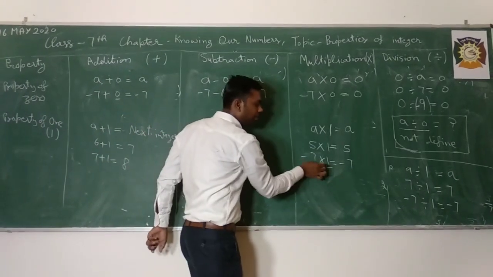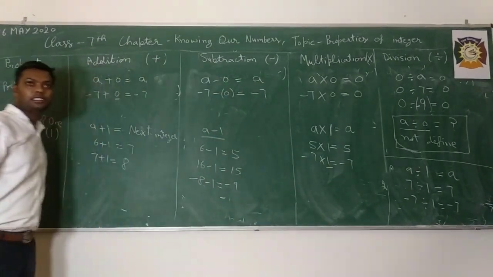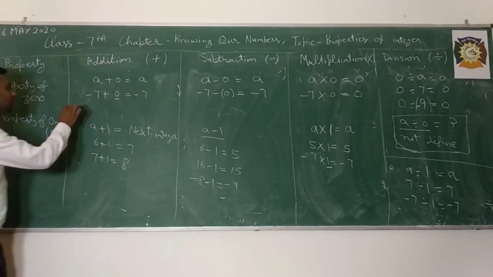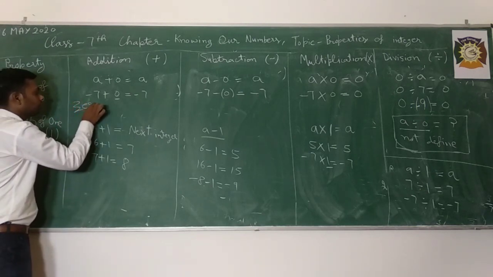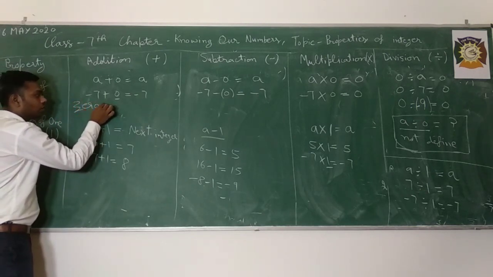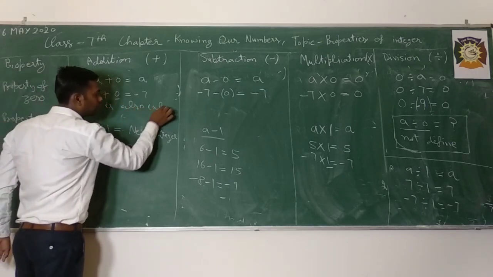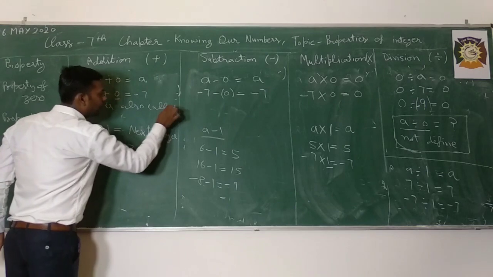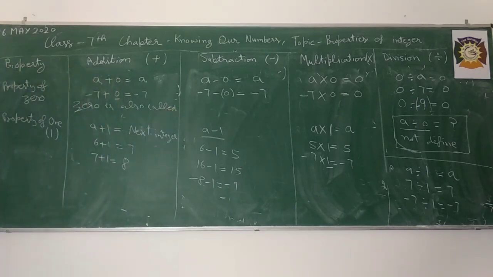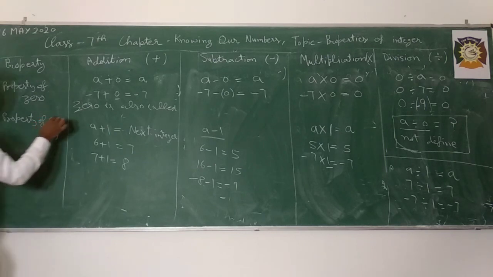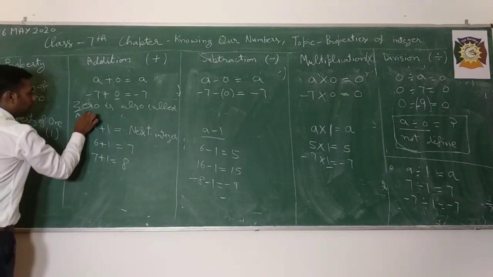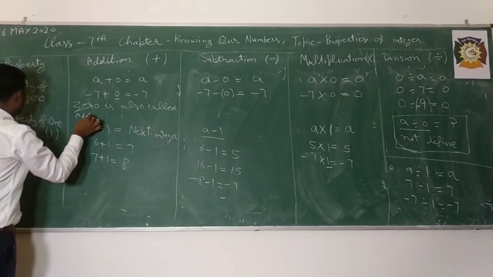If you multiply 1 with an integer, we get the same integer. 0 is also called additive identity.